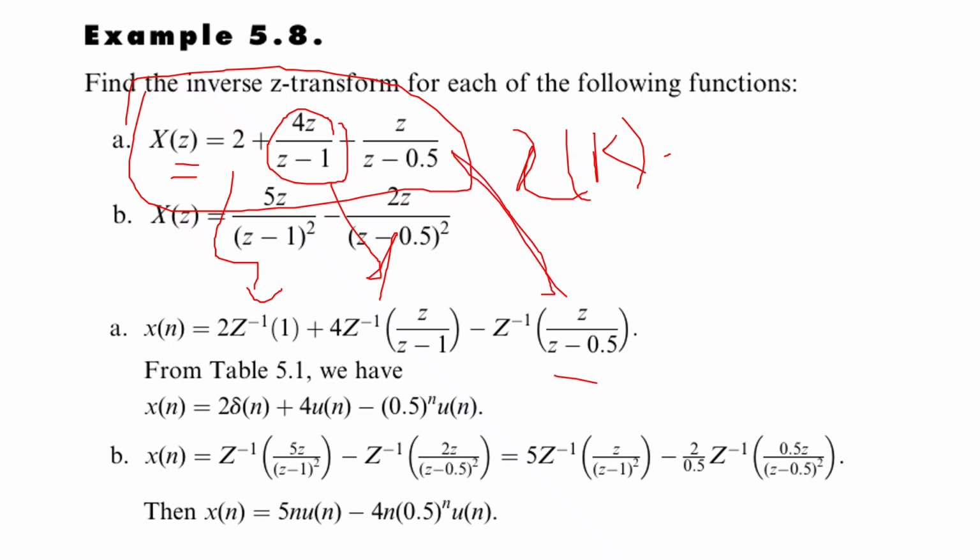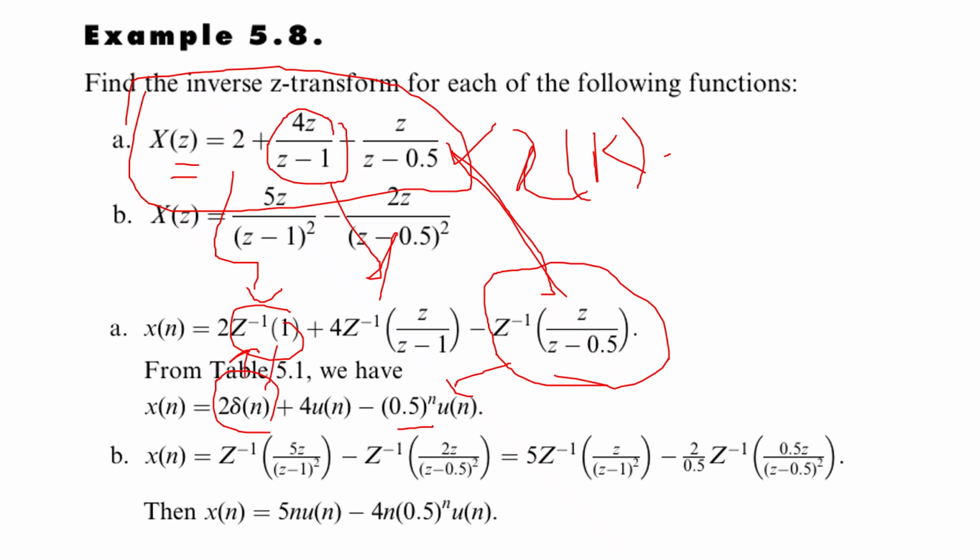Since we know that the z transform of 0.5 to the n u(n) is z divided by z minus 0.5, the inverse follows. So if you know the z transform of 2 delta n, that is equal to 2 z inverse, then inversely you can tell that the inverse z transform of this will be this.